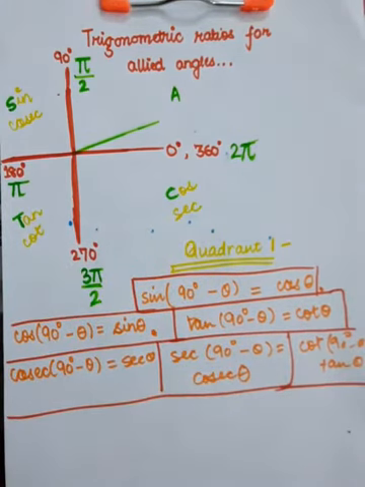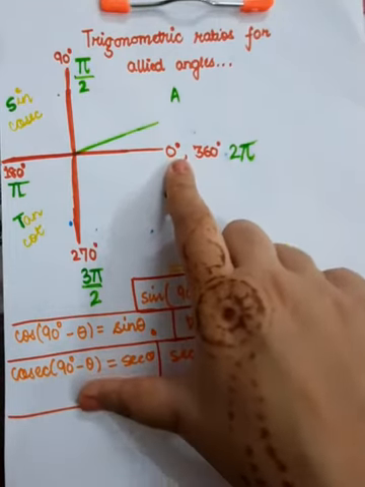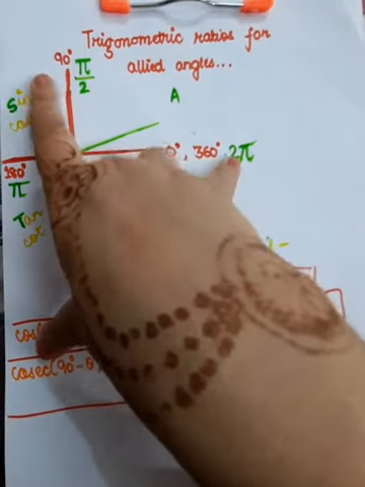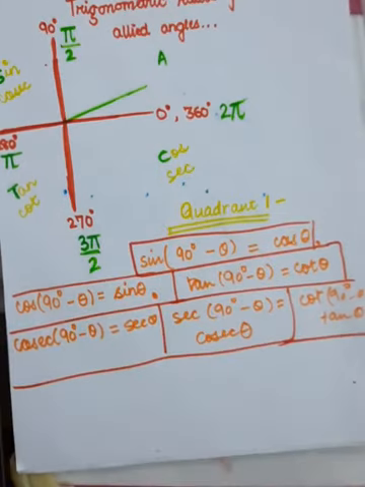And what is the angle denotation over there? It starts from 0 degree, then we have 90 degree, then 180 degree, then 270 degrees, and then 360 degrees. Now you know it better that angles are measured in degrees and radians, where radians stand as the SI unit of angle.